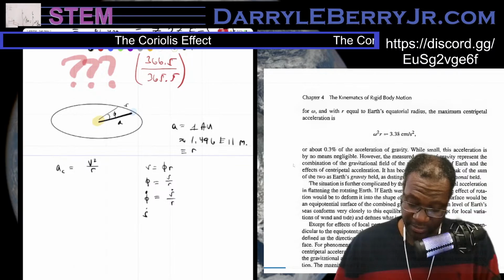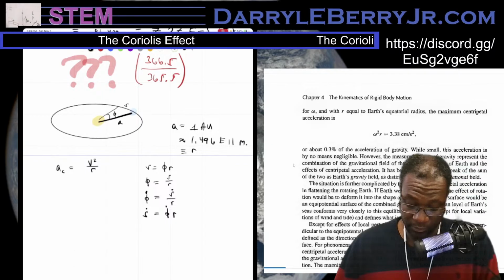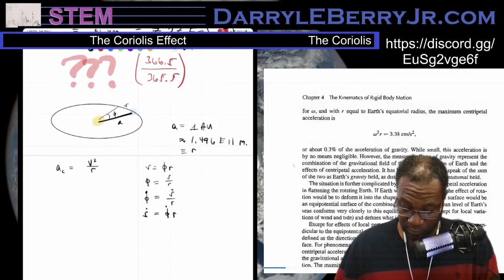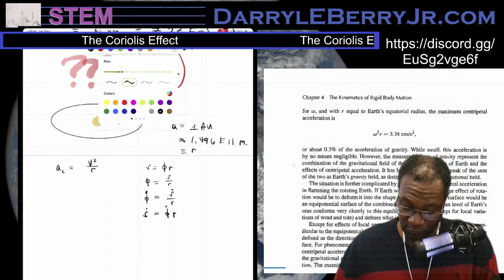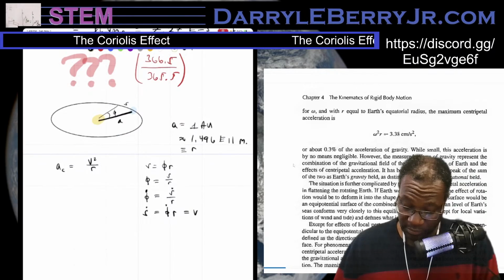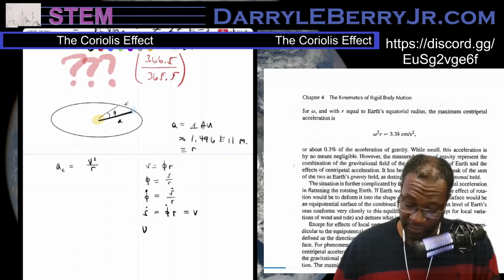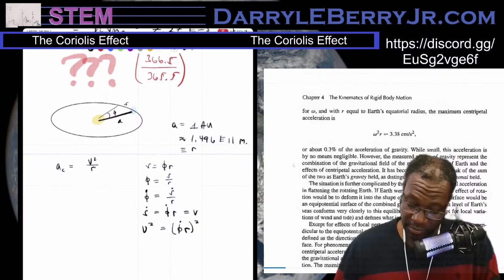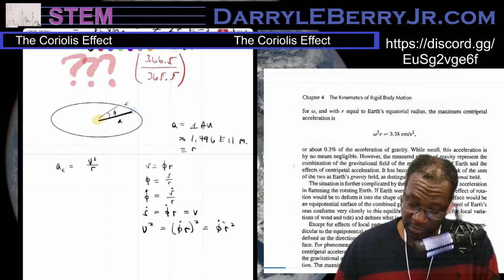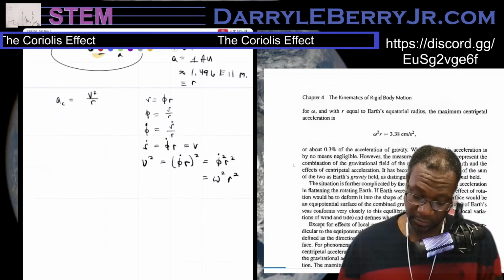So we have S dot equals phi dot r, that equals V. So V squared equals phi dot r squared, which equals omega squared r squared.